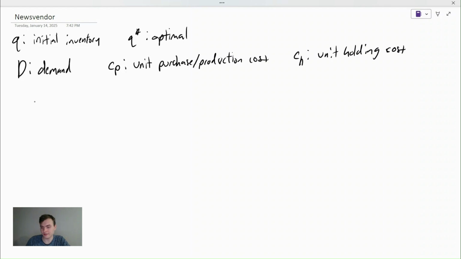And then we also have P, which is the sales price. So for each unit that is sold, you're going to gain P dollars in revenue. And we can also say CB is the unit back order cost.